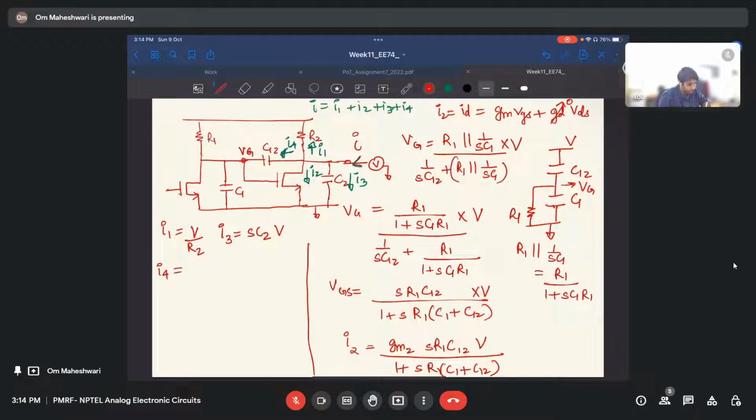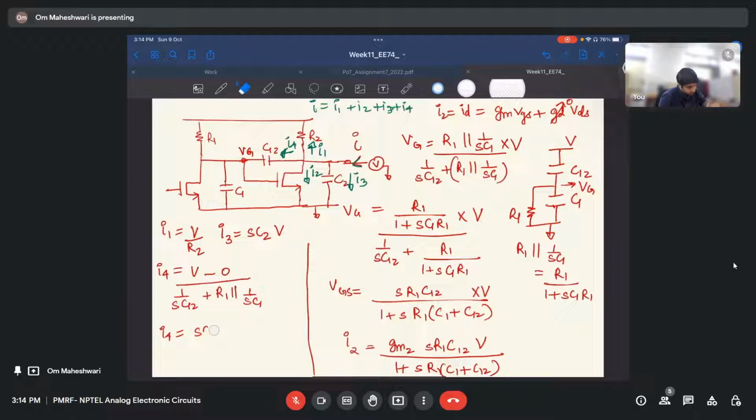So I4 is V minus 0 by 1 by SC12 plus R1 parallel 1 by SC1. So I4 is SC12 times (1 plus SC1 R1) times V whole upon 1 plus SR1 C1 plus C12.